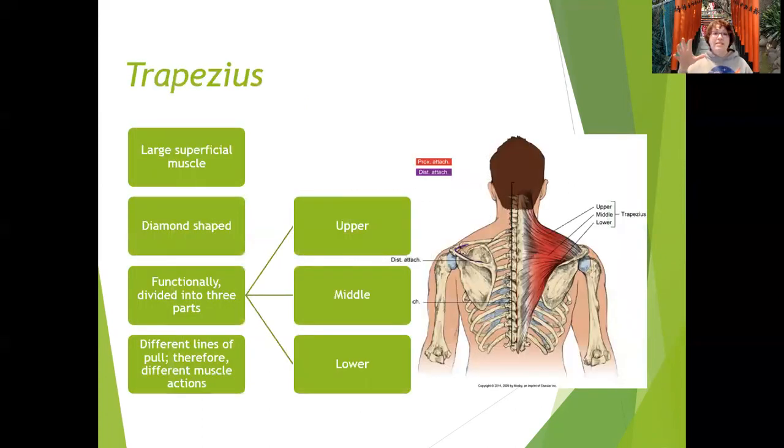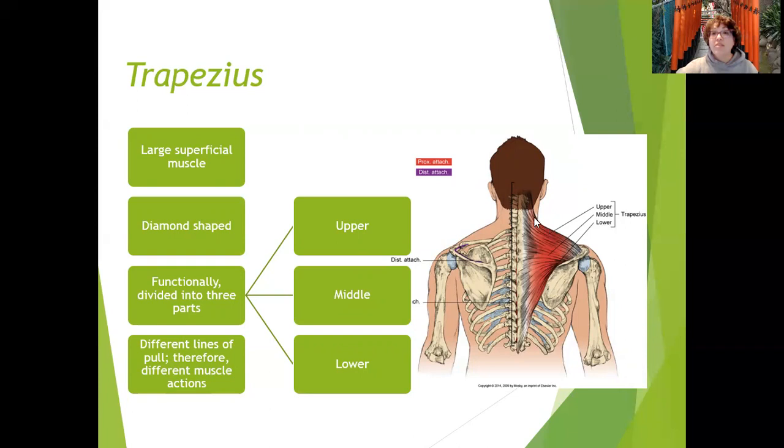So the trapezius is a large superficial muscle. It's diamond shaped, or trapezoid shaped, if you want to be specific. That's why it's called the trapezius. It's functionally divided into three parts: the upper, the middle, and the lower. The upper, middle, and lower trapezius all have different lines of pull and therefore different muscle actions.